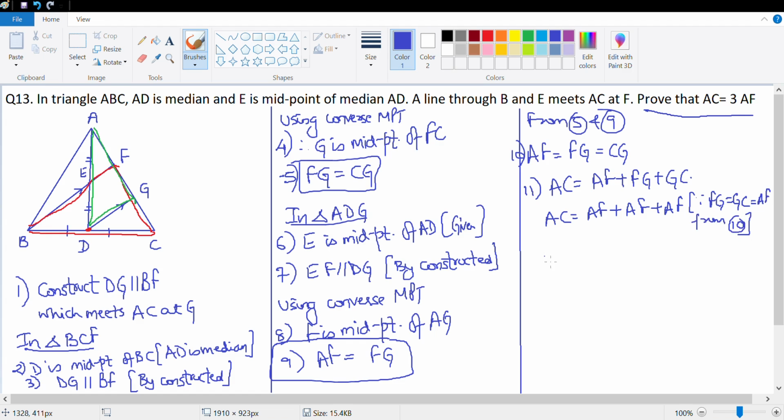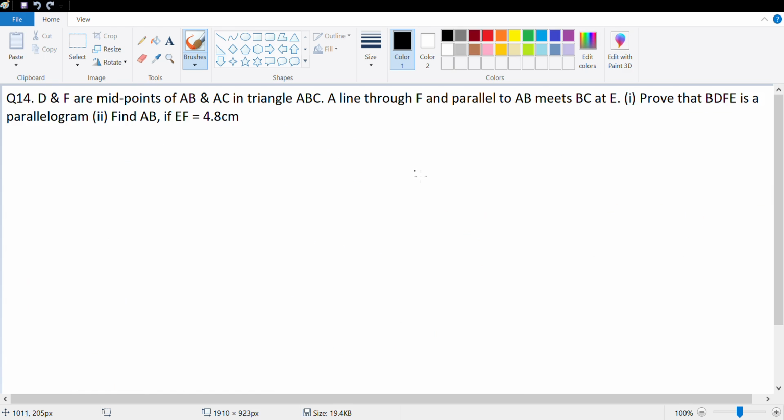From 10, so what I get is AC is equal to 3AF. Hence proved. That's exactly what they wanted me to prove, and I have done it. So let's look at the next question. The next question that we'll do will be question number 14. So let's look at question number 14.